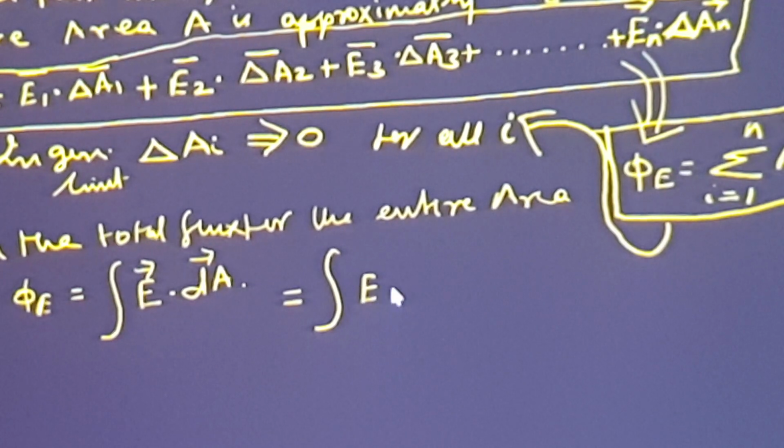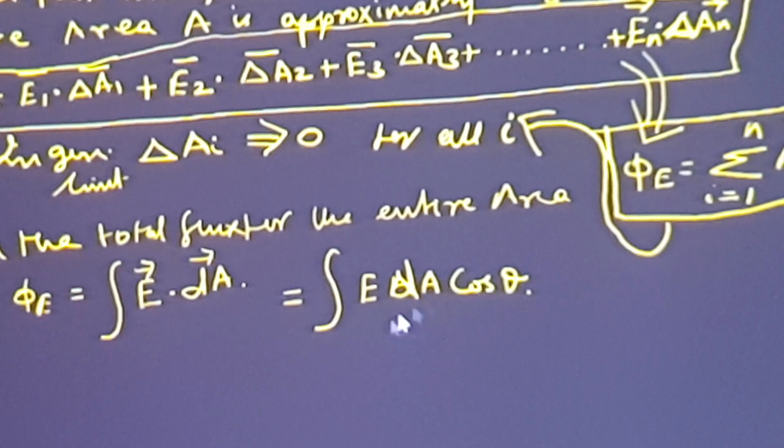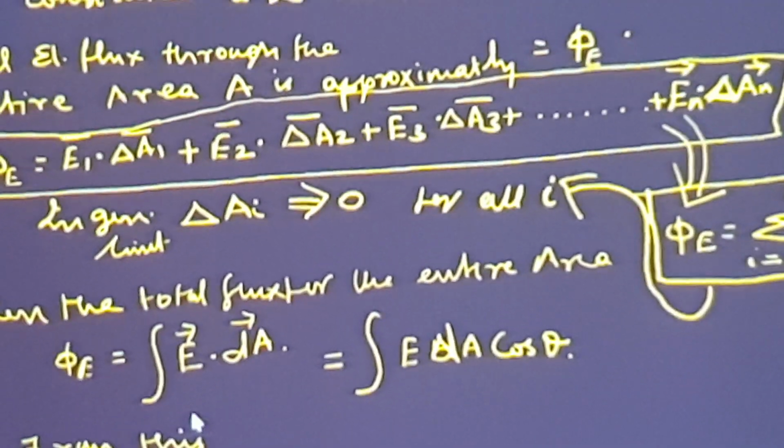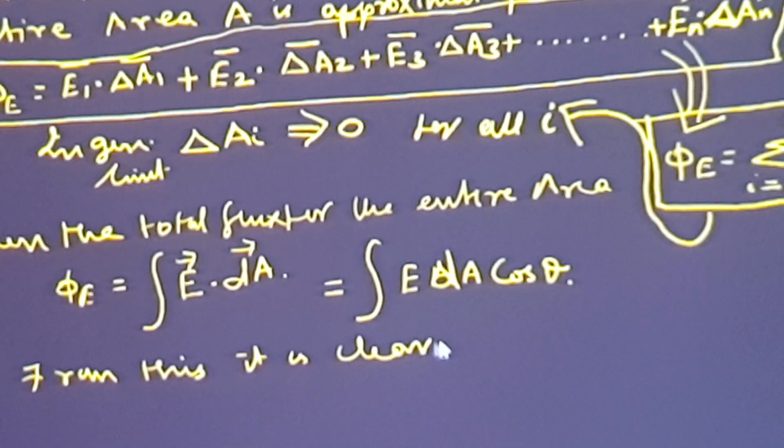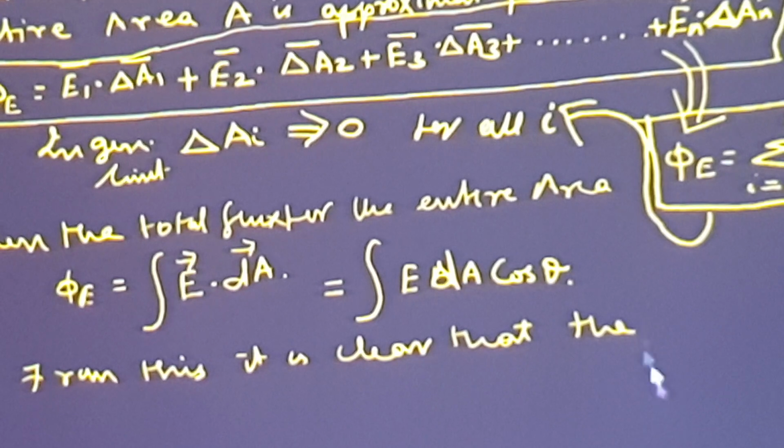Modulus of E vector is E, modulus of dA vector is dA into cosine of the angle, that is cos theta. From this relation, it is clear that the electric flux depends upon some factors.